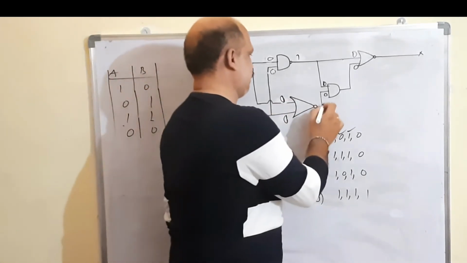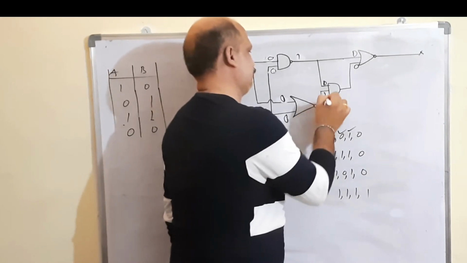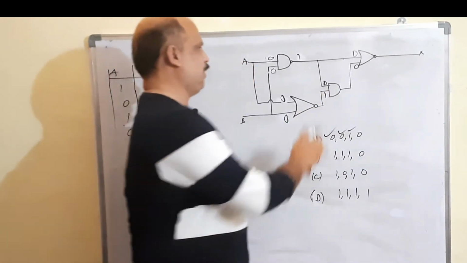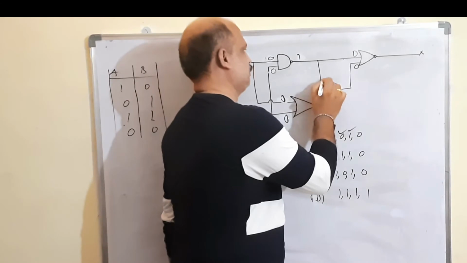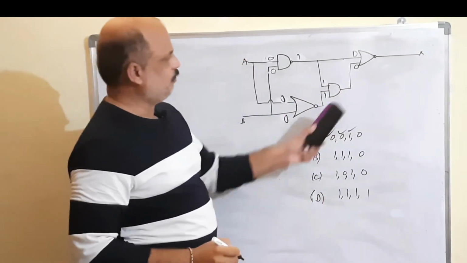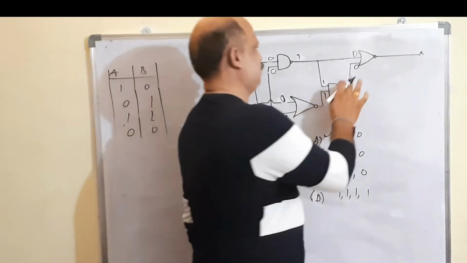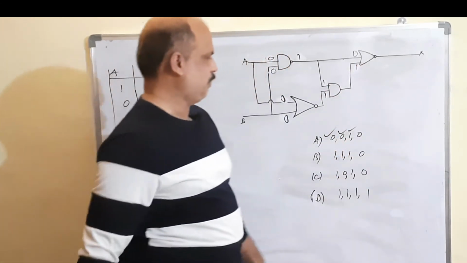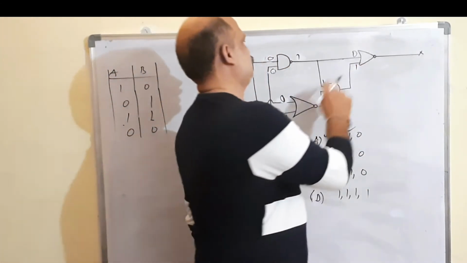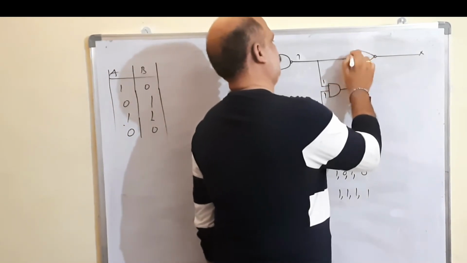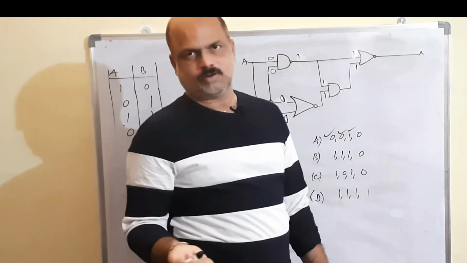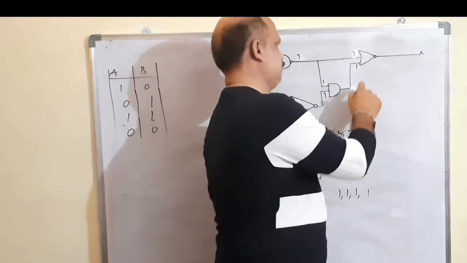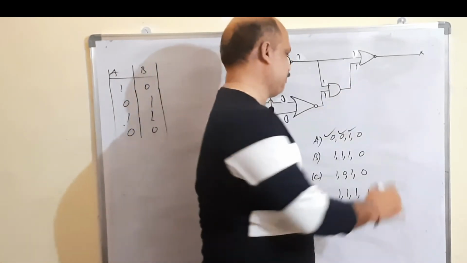Since this is a NOR gate, we get here 1. So here this is 1. Now 1 into 1 is equal to 1. Here this is 1. 1 plus 1 is equal to 1. The reverse for the NOR gate, 1, is nothing but 0.